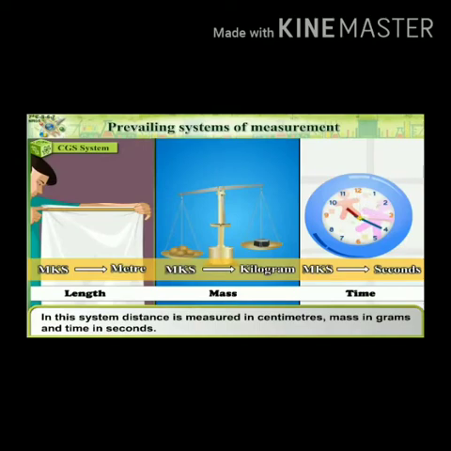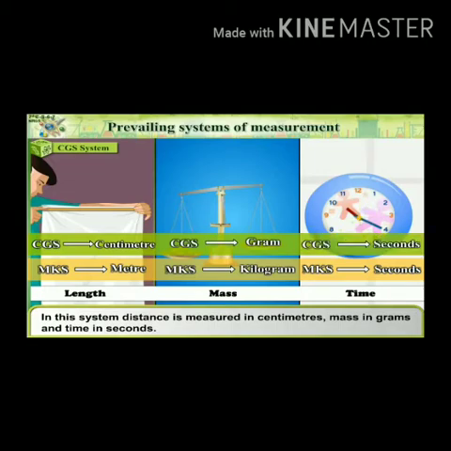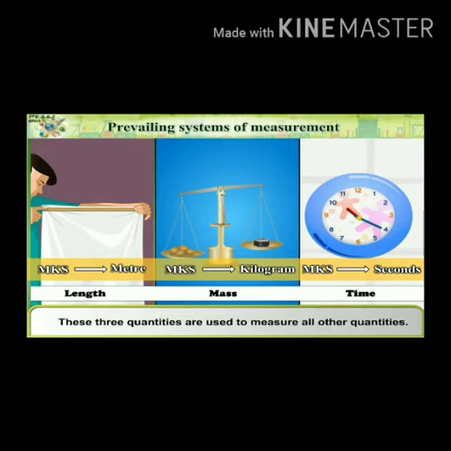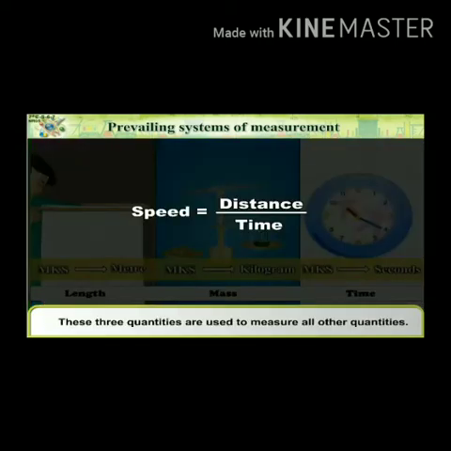In this system, distance is measured in centimeters, mass in grams and time in seconds. In the MKS system of measurement, distance, mass and time are accepted as the fundamental quantities. These three quantities are used to measure all other quantities.